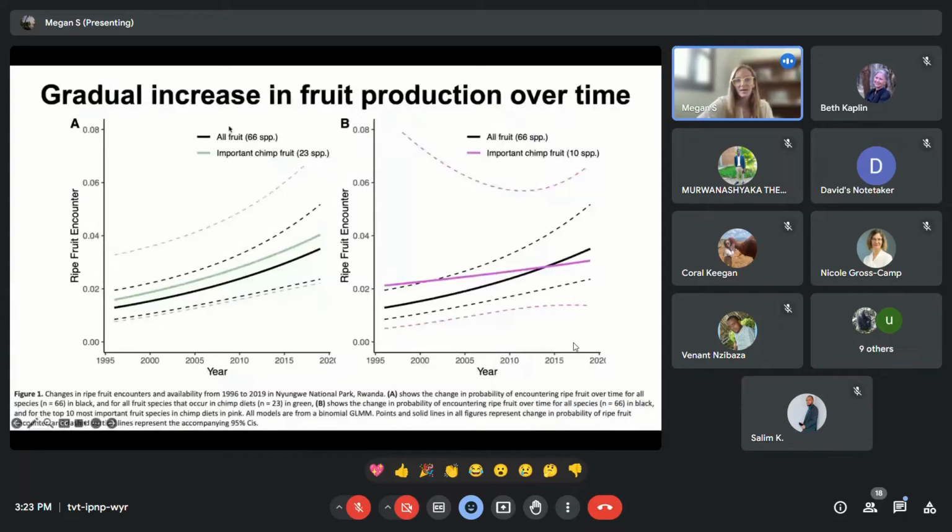So these are pictured in green, and then just the most important fruit in chimp diets, which are pictured in pink. Based on these two panels, you can see that the fruit production is increasing over time in all of these different subsets of the data.